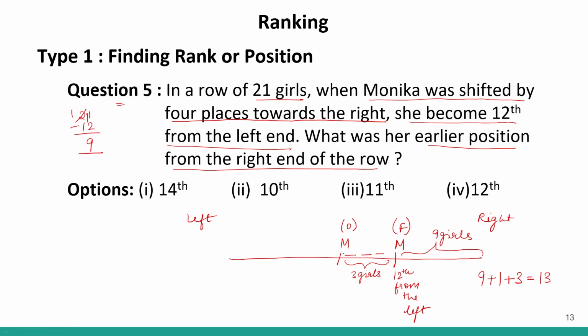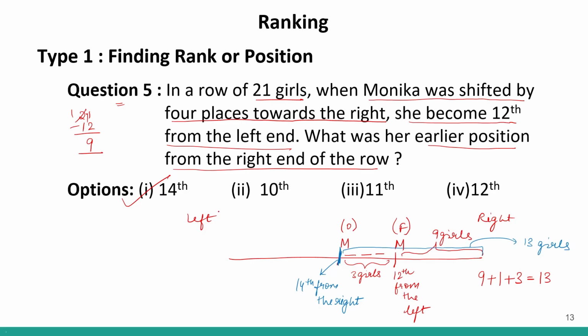Up till this portion, this portion is basically 13 girls. If this portion is 13 girls, this position will be 14th from the right. Clear? Am I correct? This will be 14th from the right. So Monica's earlier position was 14th from the right. Therefore, my answer will be option number 1, 14th.